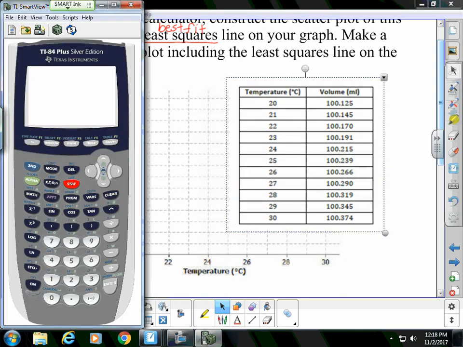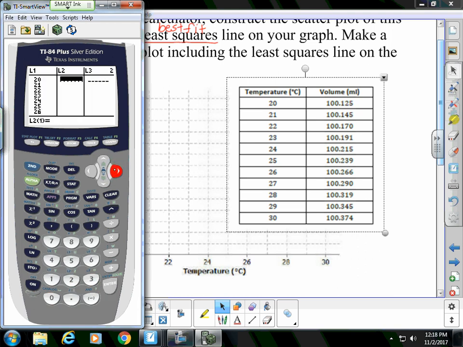That part we already know how to do. Go to Stat and enter. So 20, 21, 22, 23, 24, 25, 26, 27, 28, 29, 30.